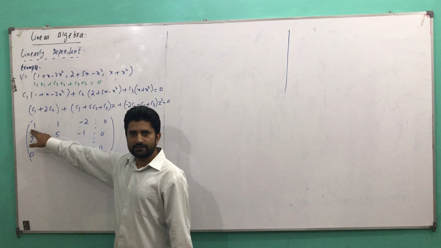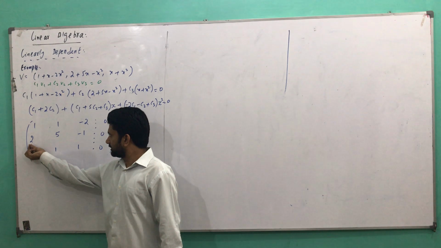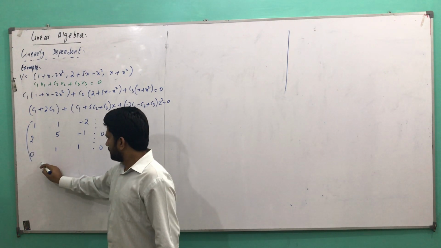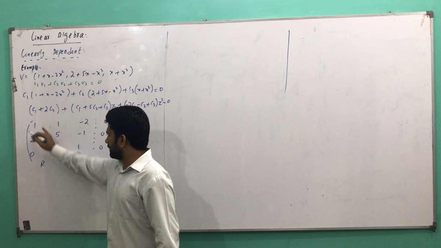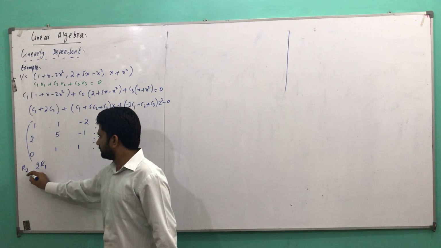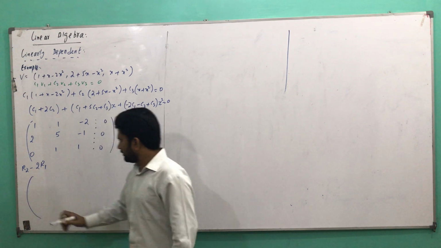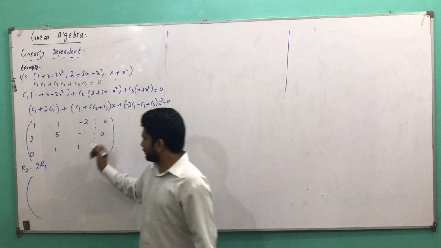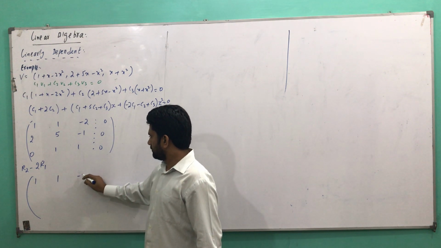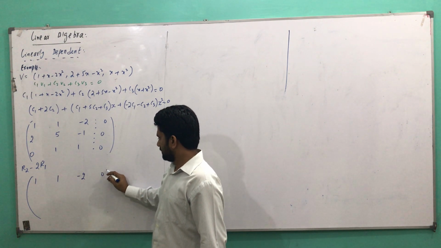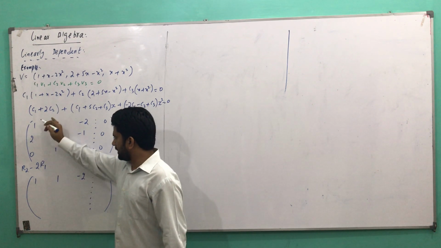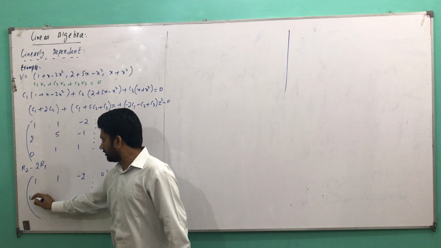1 is already present, so you need to make this 0. This 0 can be made by multiplying row 1 by 2 and subtracting it from row 2. So first row as it is: 1, 1, -2, 0. When you multiply row 1 by 2 and subtract, you get 0.